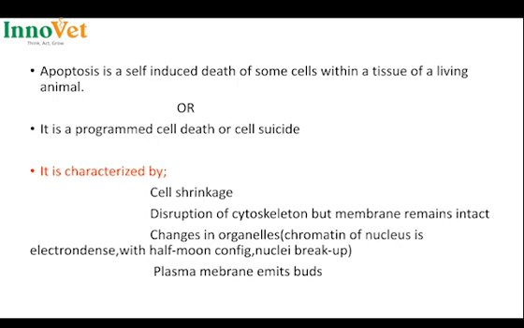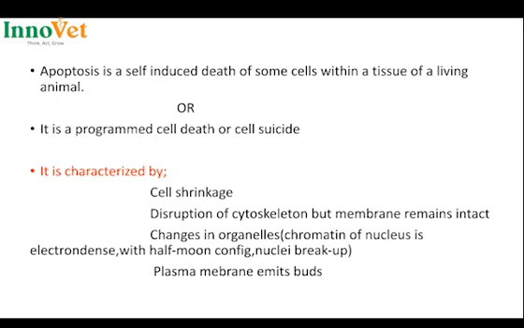It is characterized by the following appearance of the cells during apoptosis. 1. Cell shrinkage, where the cells become smaller and denser compared to normal cells. Disruption of the cytoskeleton, but the membrane remains intact.